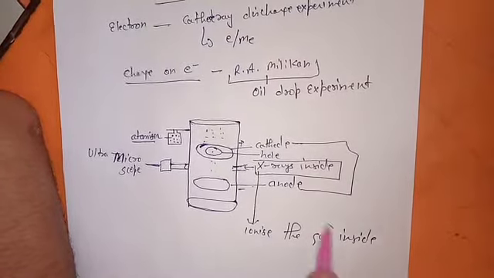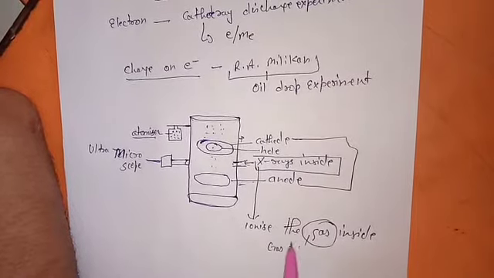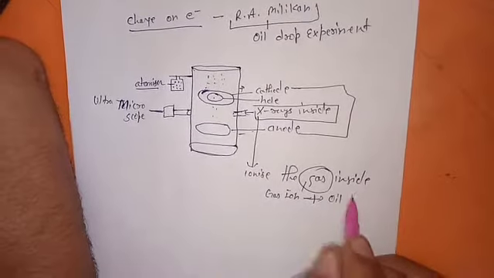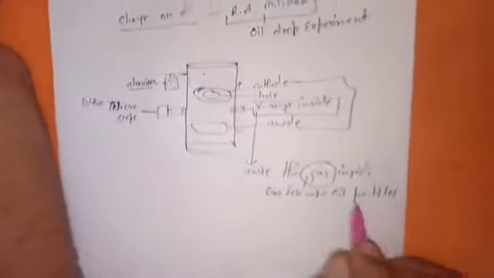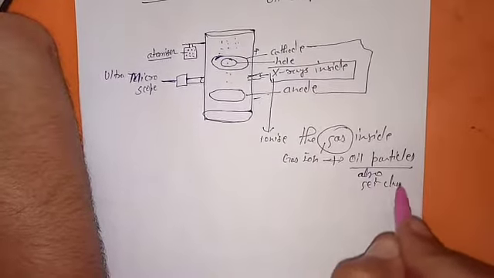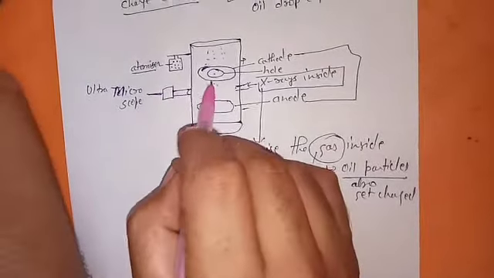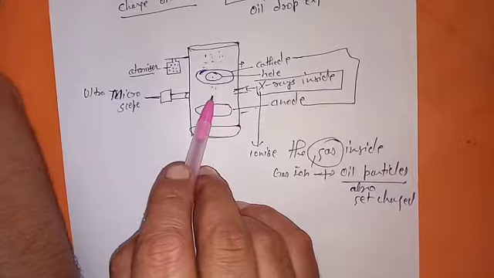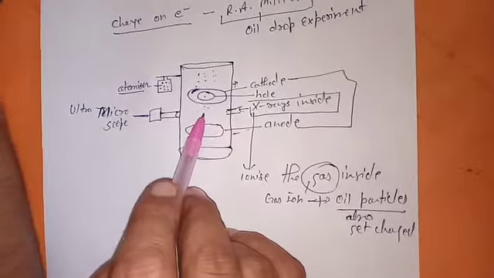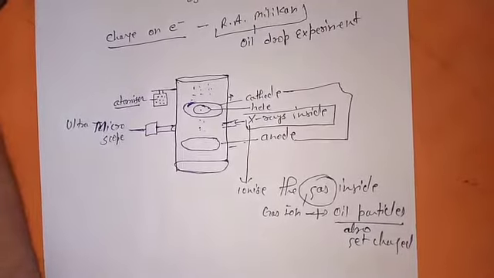When the gas gets ionized, the gas ions combine with oil particles and the oil particles also get charged. As the oil particles attach the negative charge, they are attracted towards the positively charged cathode.